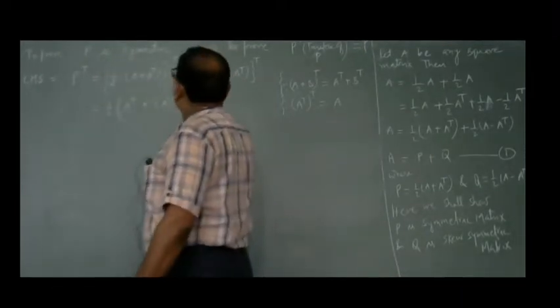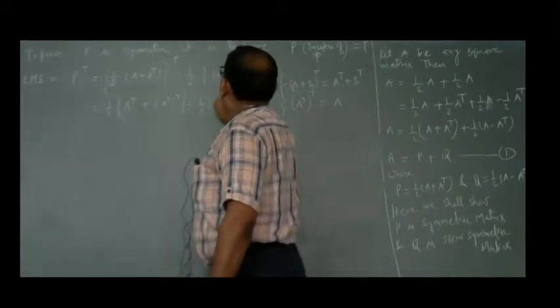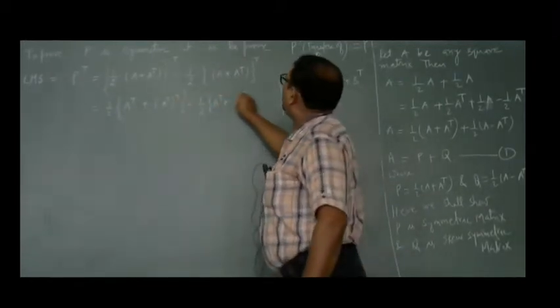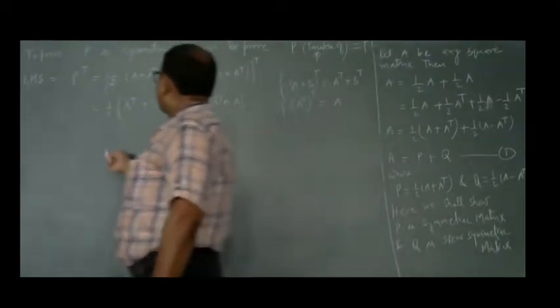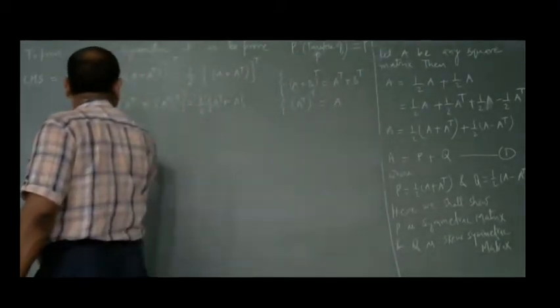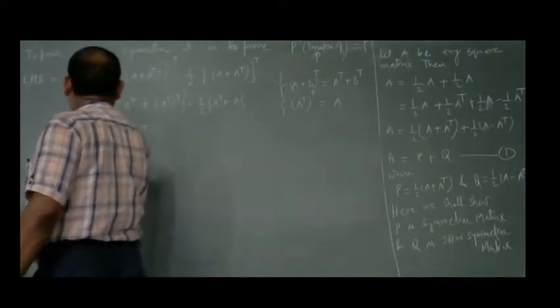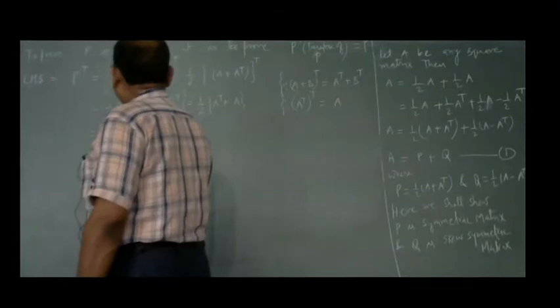So it again gives 1 upon 2, A transpose plus A transpose transpose is equal to A. And so we can write here 1 by 2, A plus A transpose, and this is again equal to P, the right hand side.